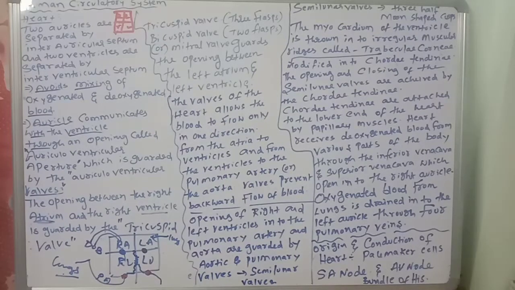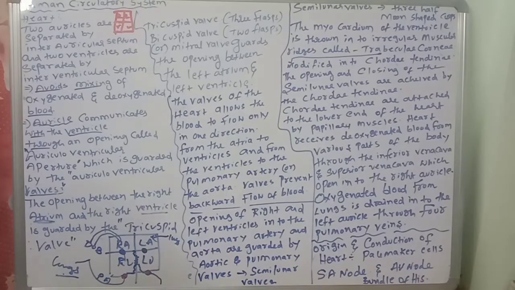Next, origin and conduction of heartbeat. The heartbeat is mainly controlled by the conducting muscles. The cardiac cells with the fastest rhythm are called pacemaker cells. These cells are located in the SA node, the sinoatrial node in the right atrium, and also in the AV node.